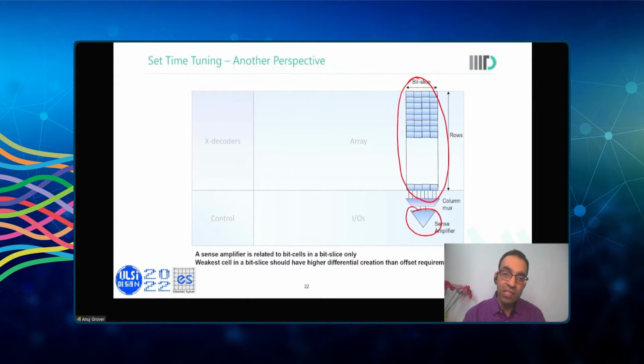By use of extreme value theory, that is advanced statistical methods, we are able to recover yield at faster performance. So we were able to demonstrate that you could improve performance by up to 7% by just changing the verification method. So as an SRAM designer, you need to look into various aspects of memory design, not just sizing the circuits.